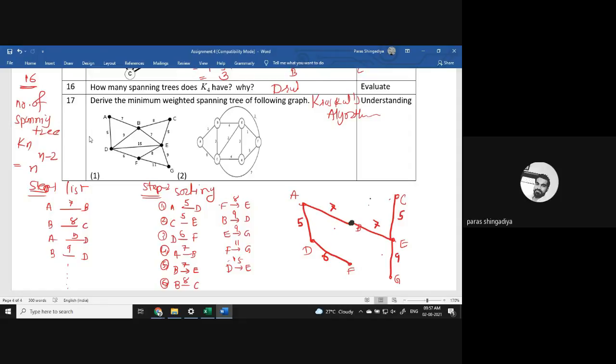Okay? And then after, last, mention your answer. Total of minimum weight edges is equal to 5 plus 5 plus 6 plus 7 plus 7 and plus 9. What is the total?